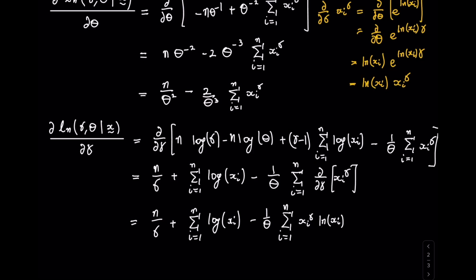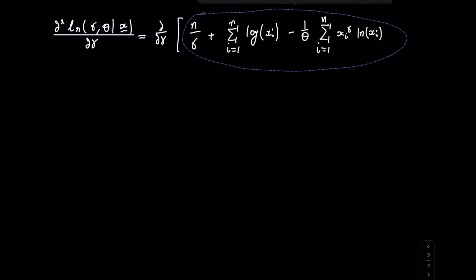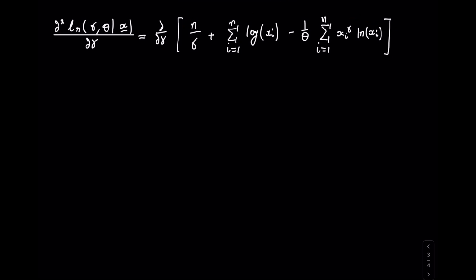Now let's do our second derivative with respect to gamma. So we'll take this and we will take a copy. And so we note that the second derivative of the log likelihood function with respect to gamma is equal to the following. It is the partial derivative d on d gamma of the terminology that we just came across before.